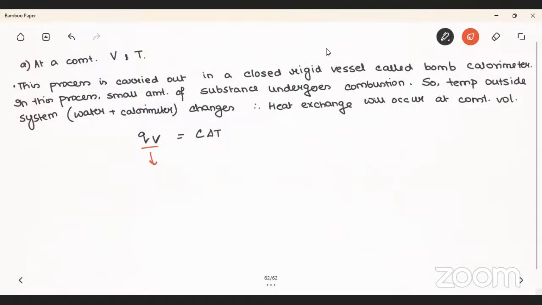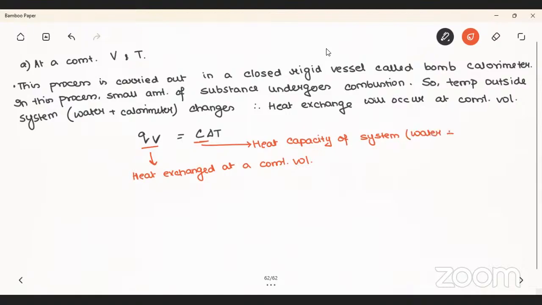QV is the heat exchanged outside of the system at constant volume. What is C? I'm sure you have forgotten this. Heat capacity, I told you the definition in previous classes. Heat capacity of the system. What is our system? Water plus calorimeter.